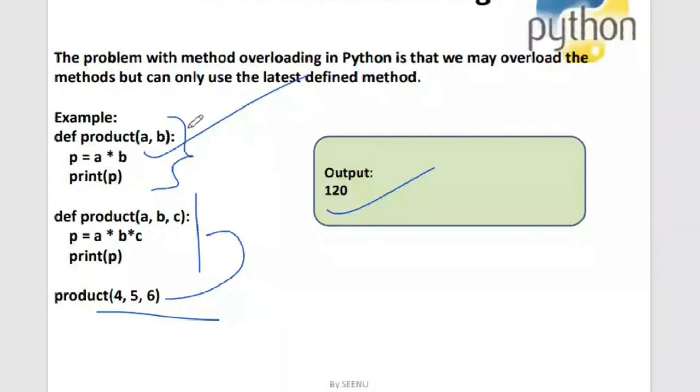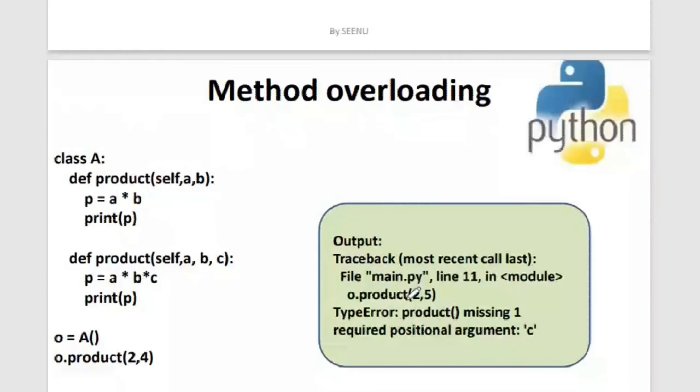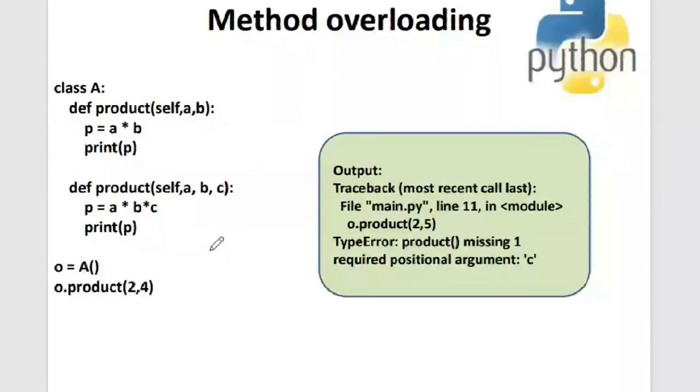Now coming to the classes concepts, because we'll see this method overloading in the classes concept of Java. So I'm applying method overloading to classes. Say for example, I have class A with two methods. These are very important concepts.